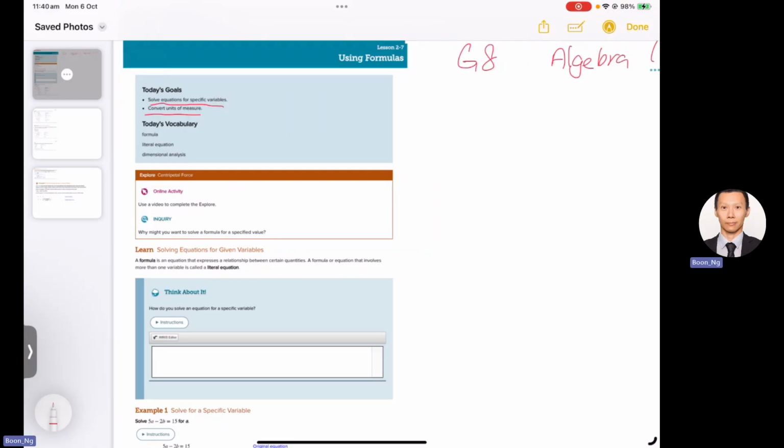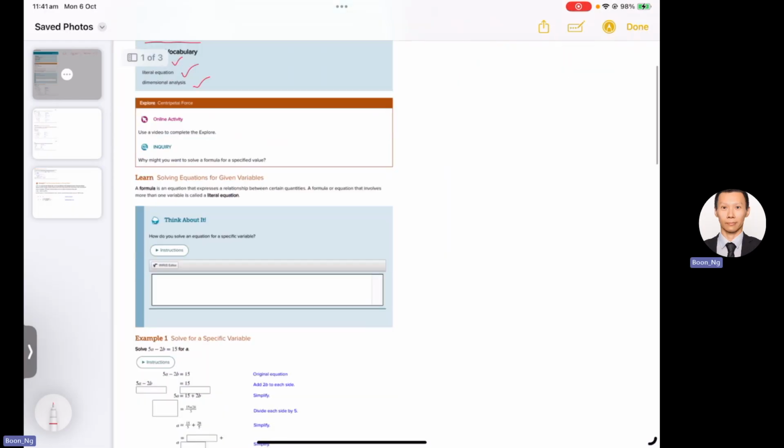I don't think we have any vocab today on formula, literal equation, dimensional analysis. I think that's quite straightforward, so I will just skip it.